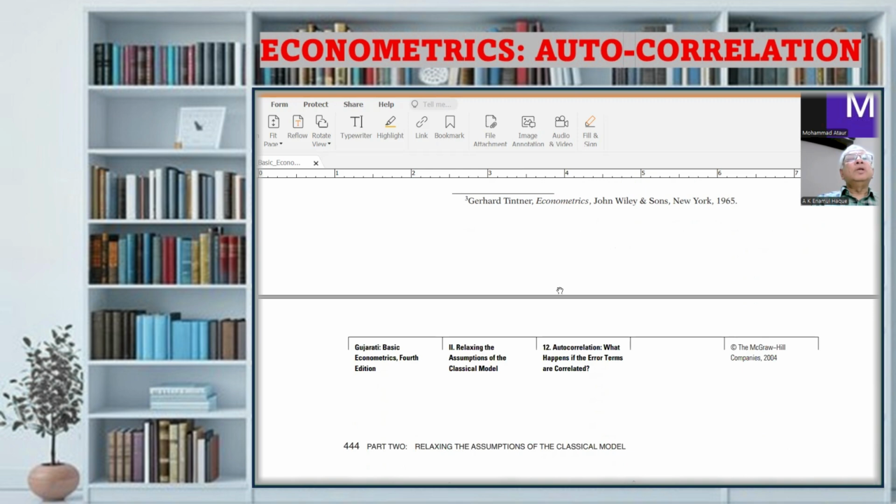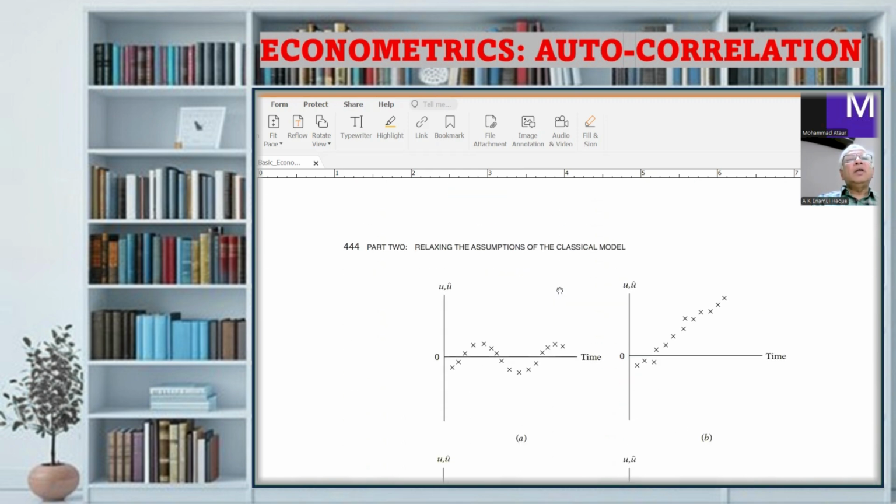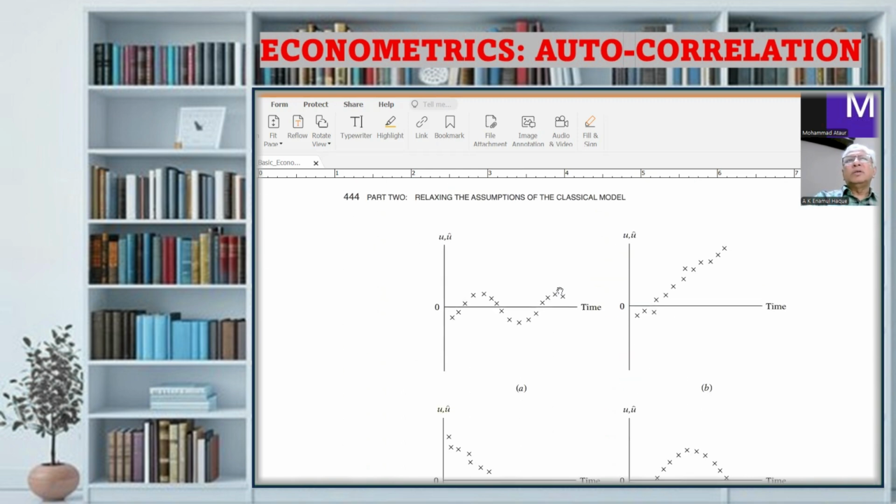Let's now go to the second reason. And what does it mean when there is autocorrelation? It's actually very simple. This diagram is pretty good. According to my notation, U means epsilon and U hat means e. Remember, my notation and the textbook notation are not the same.